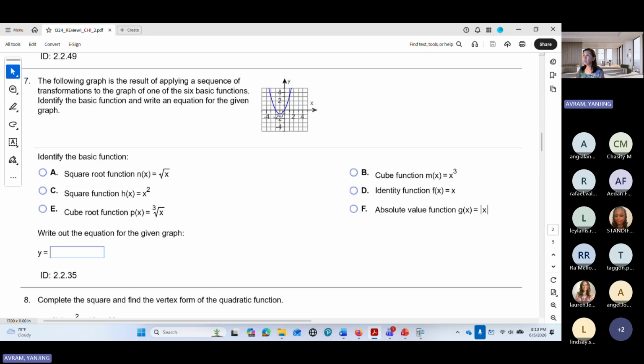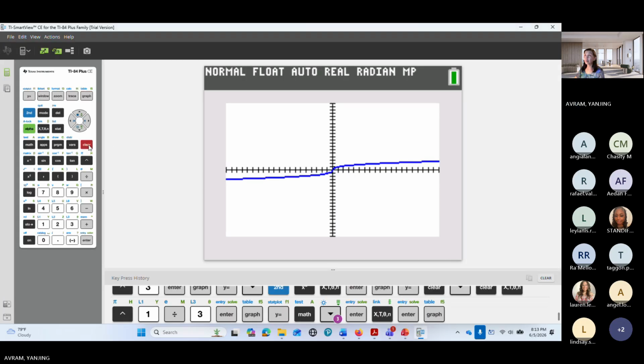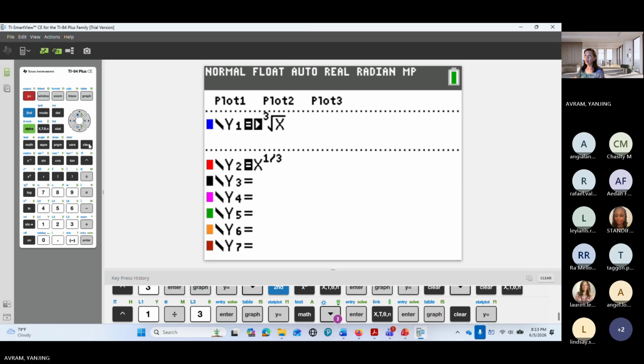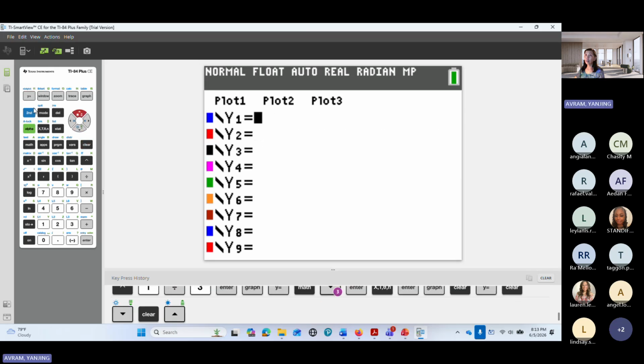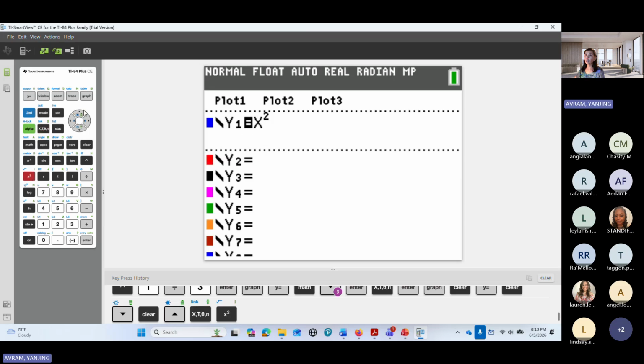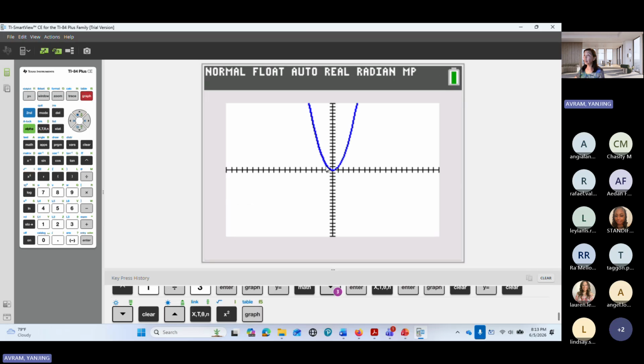Because of the 2 in here. So if I have y equal to x squared, it looks like that. The vertex is at the origin.